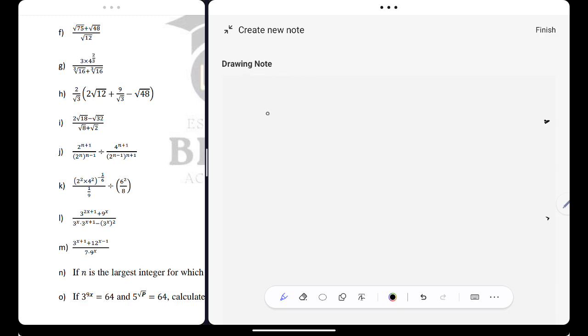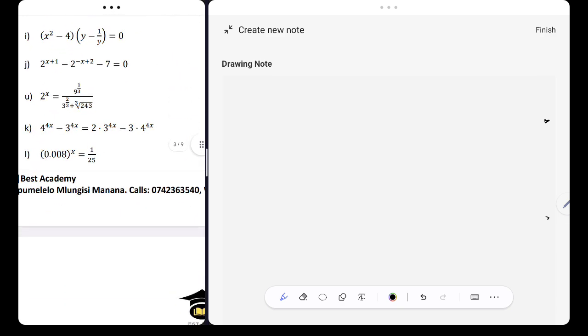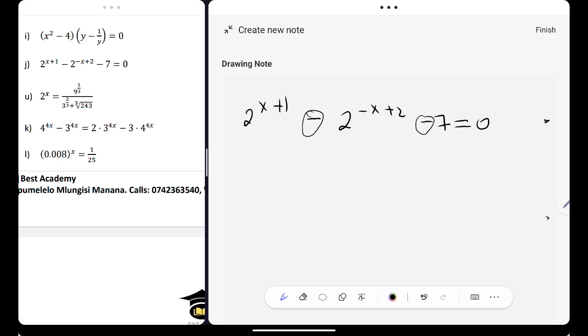If you have, let me see my exponential equations. What do I have here? Let's take the first one. I have 2 to the power x plus 1 minus 2 to the negative x plus 2 minus 7 is 0. Alright, together. I have plus and minuses separating my terms, so I need to separate my exponents as well.